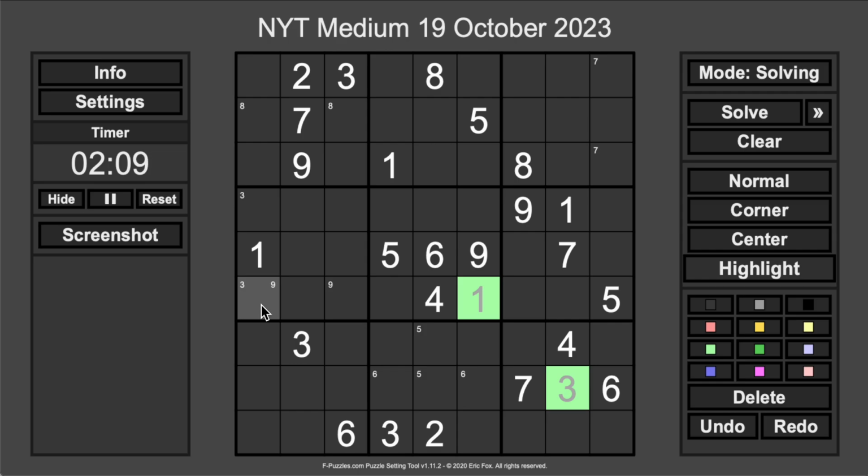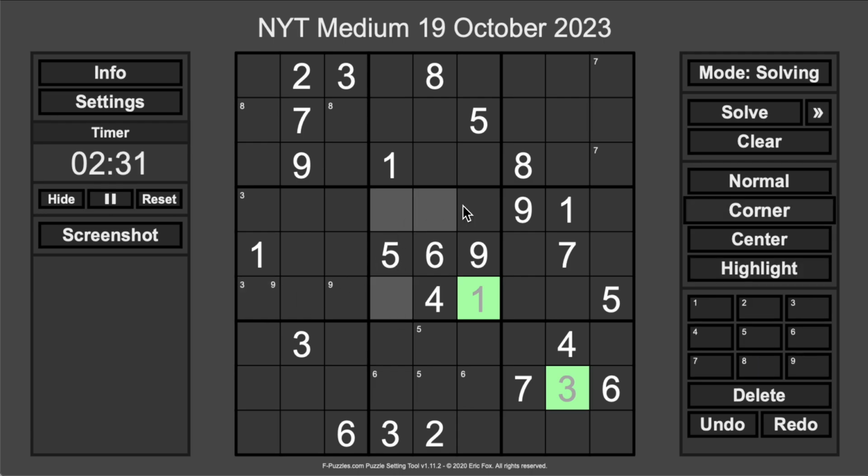Now, in box 5, which is where I suspect I'll have to start, I've got 1, 4, 5, 6, 9 placed. I need 2, 3, 7, and 8. Which, that's not 3.